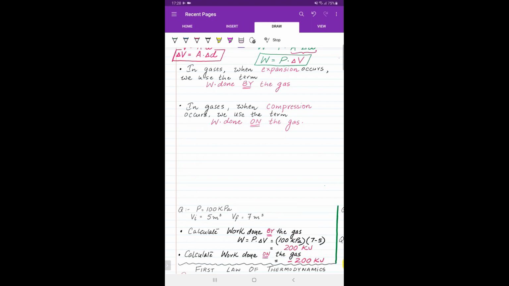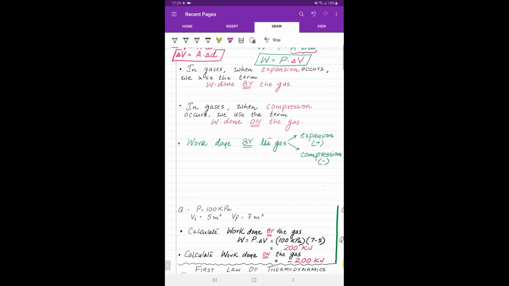So I guess the correct way of writing down this would be that in case when work is being done by the gas, you must treat expansion as a positive entity, and you must treat compression as a negative entity.